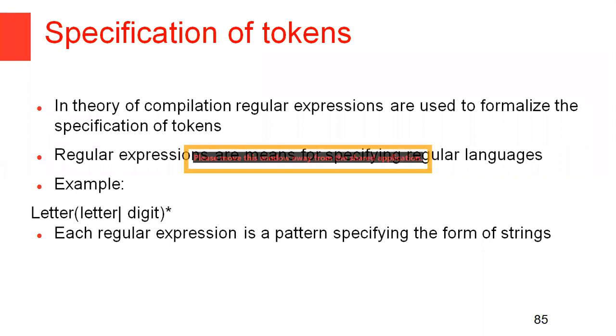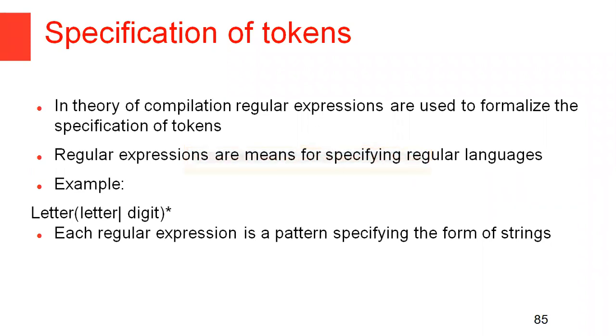In this, we take one example. Let A produce aB, and B produce b and epsilon. Epsilon is the empty string. Then the grammar G is defined for the productions: A produces aB, and B produces b and epsilon.